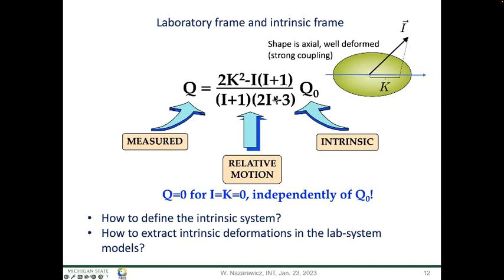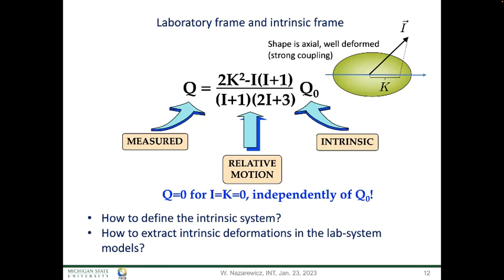The coefficient here is related to Clebsch-Gordan coefficients corresponding to the transition from intrinsic to laboratory. This represents the relative motion of the intrinsic system with respect to the laboratory system, so relative rotation, where I is angular momentum and K is this quantum number.